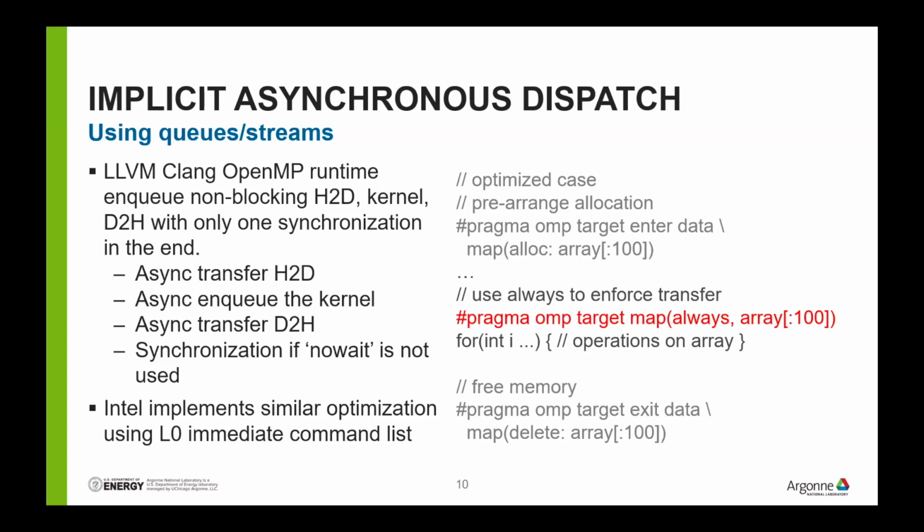Both if you're using LLVM Clang for OpenMP for C++, or the Intel implementations in oneAPI for both Fortran and C, they always leverage the asynchronous CUDA stream or Level Zero immediate command list to do all the calculation asynchronously. So it's gaining you good performance in that way.